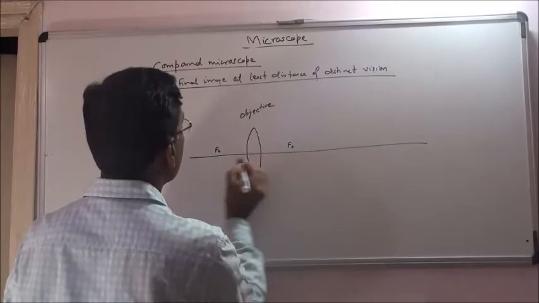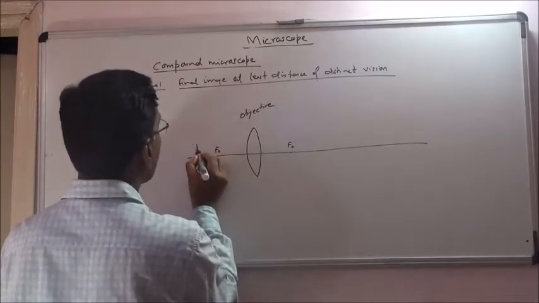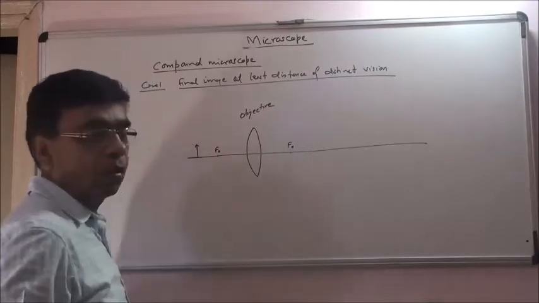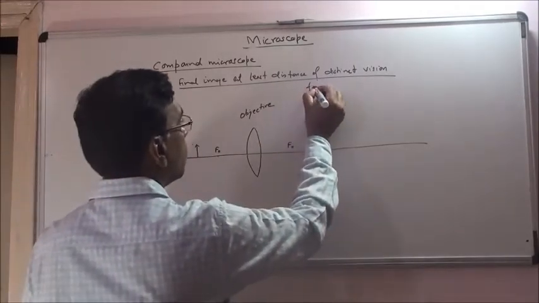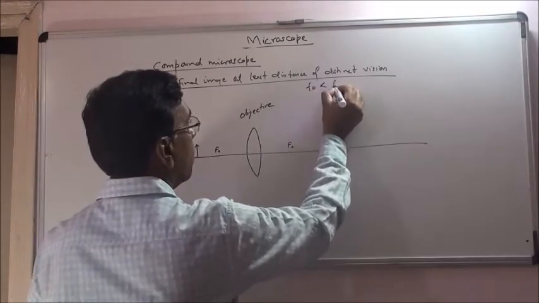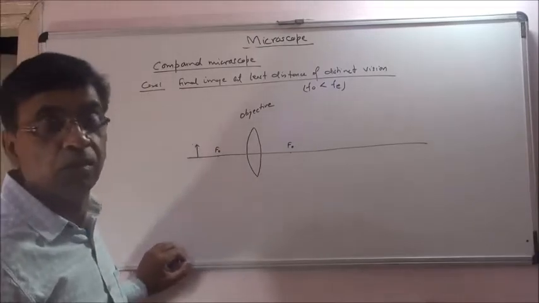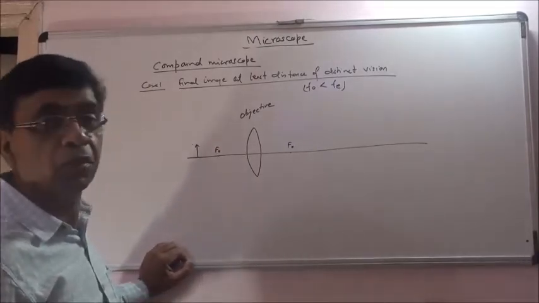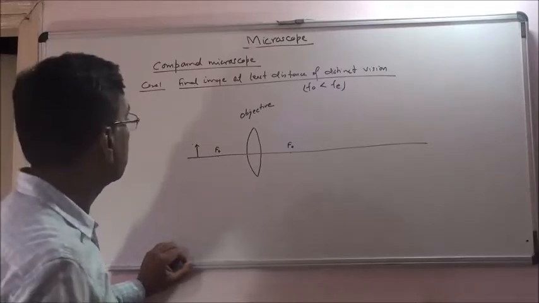We have two lenses now. So focal length of objective is less than the focal length of eyepiece, and even the size. So aperture also, objective is small aperture and eyepiece will be of large aperture.